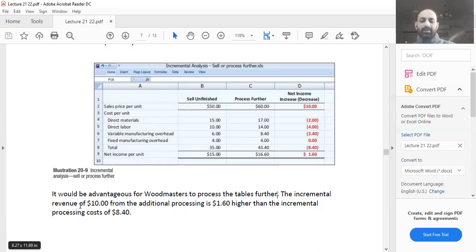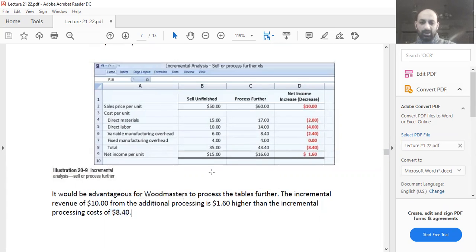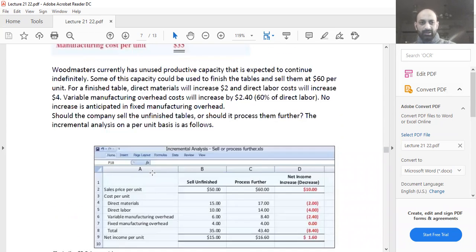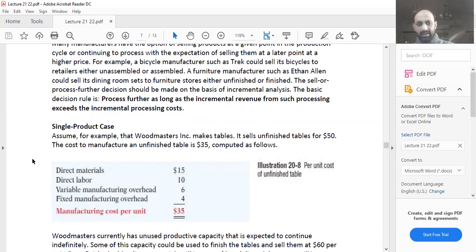The incremental revenue of 10 from the additional processing is 1.6 higher than the incremental processing cost of 8.4. So what you do, as I had told you, process further as long as the incremental revenue from such processing exceeds the incremental processing cost.